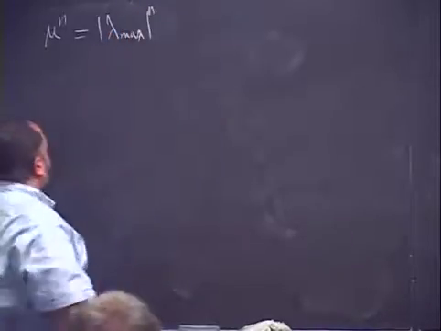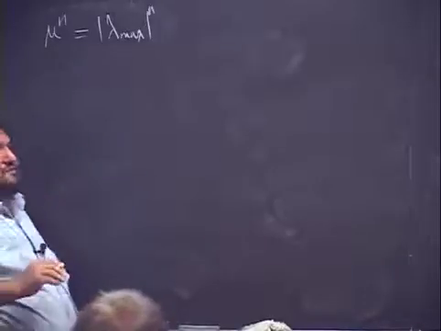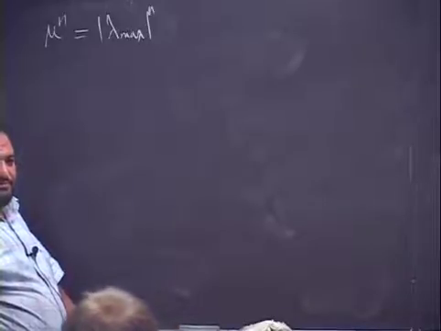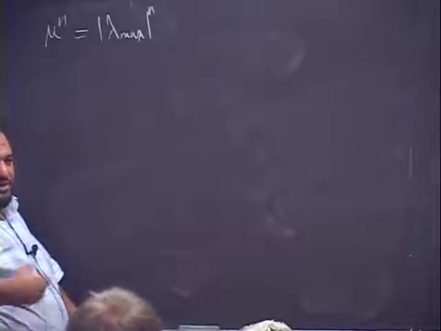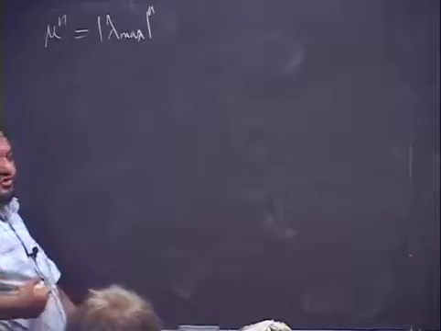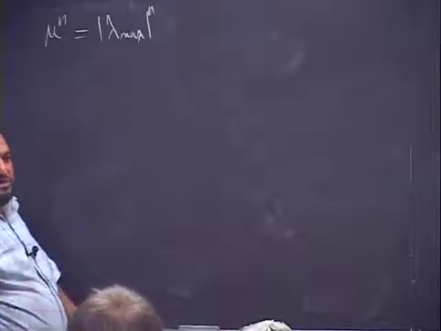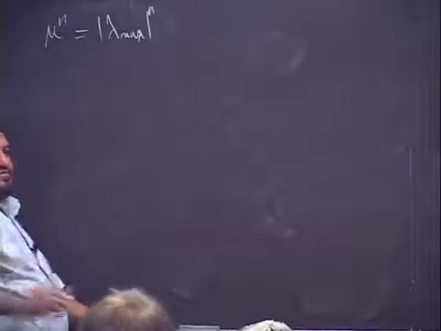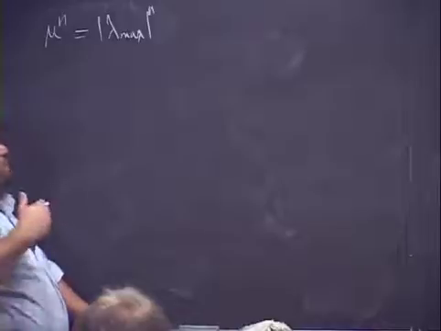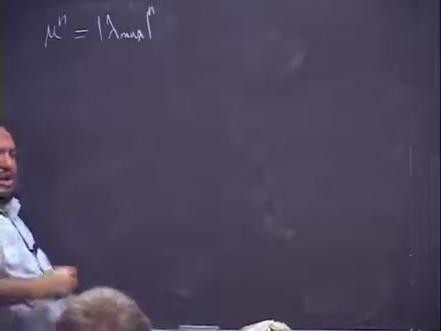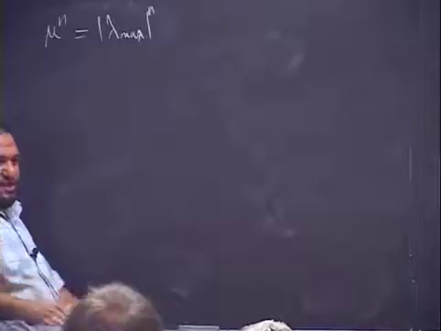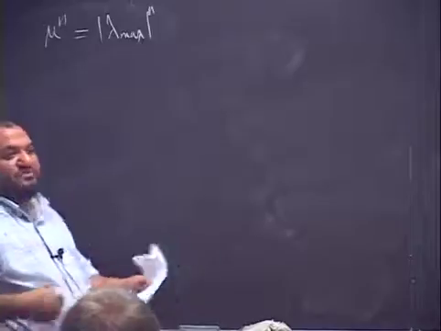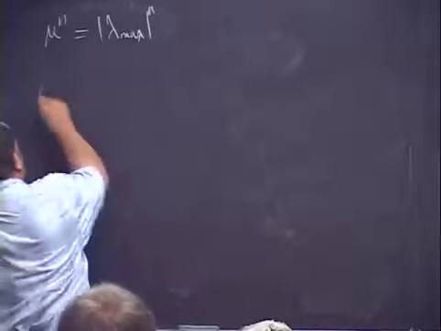If mu is very near to 1, what will happen? Your convergence will be slower or faster? Slower, because you are very near to 1. If you are at 1 and above, you don't converge. If your lambda maximum is very small and near to 0, you will converge very quickly. So we want to measure a rate of convergence.